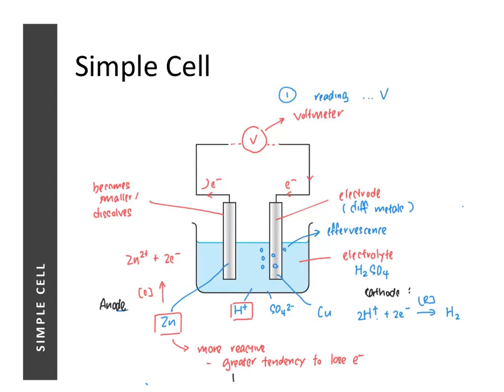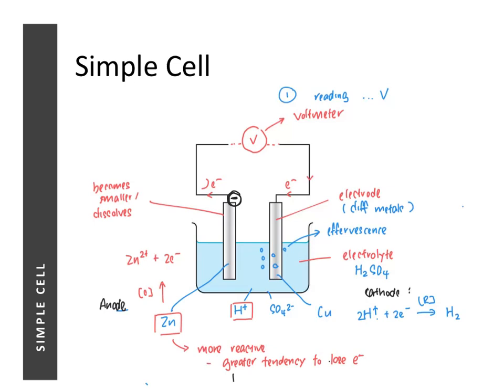Now one last thing to take note of is this: as mentioned, the anode, which is made of zinc, is the electrode that has a greater tendency to lose electrons. Now electrons are negatively charged, so in this case the anode, because it has a higher tendency to lose electrons, carries a negative charge.